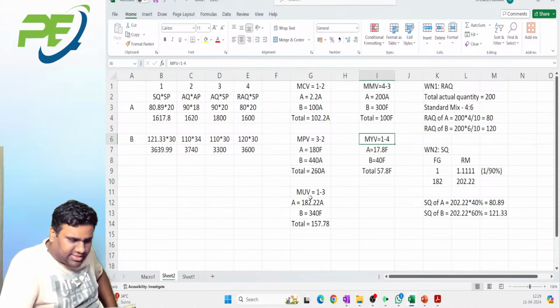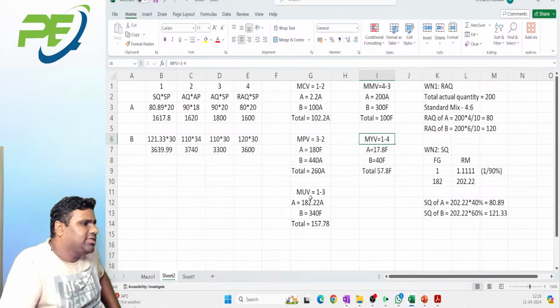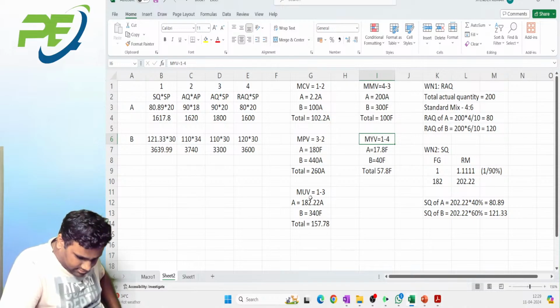Thus, the difference between the two columns is called mix variance.